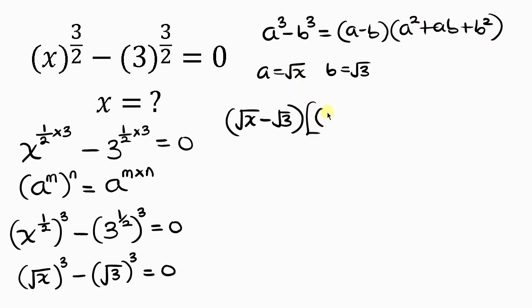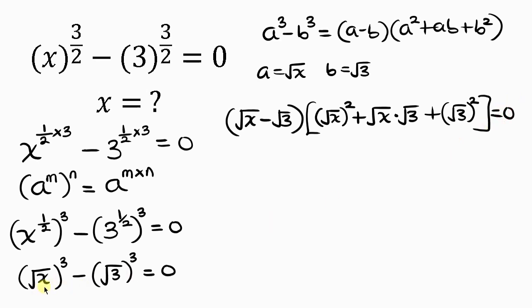A is the square root of x squared, plus ab, a is the square root of x times b. What's b? B is the square root of 3, plus b squared. So b is the square root of 3 squared, equal to 0. So we've been able to write this in the property of difference of 2 cubes.